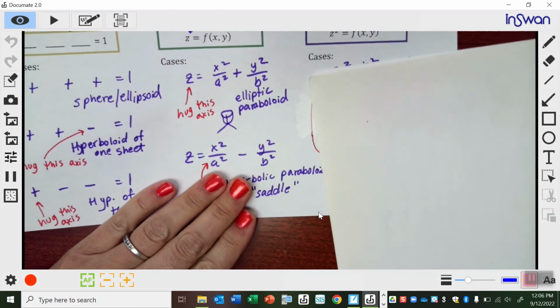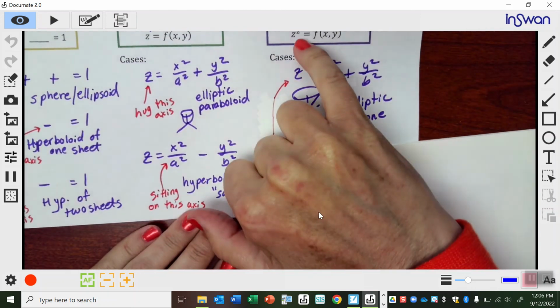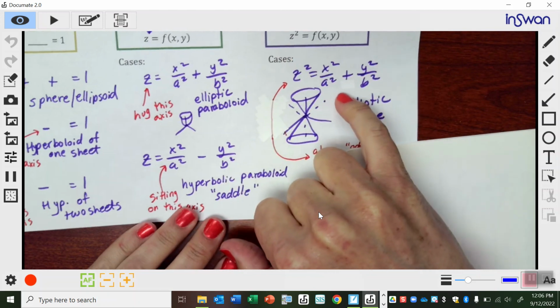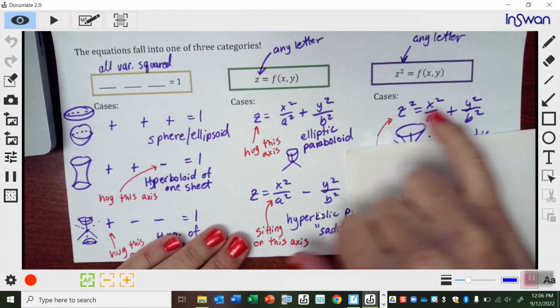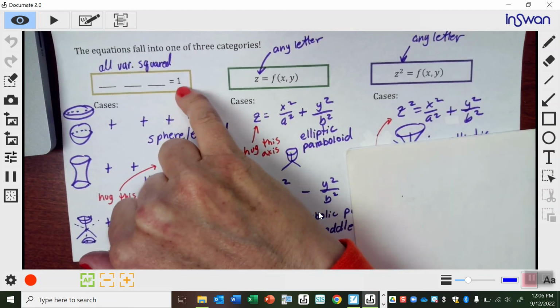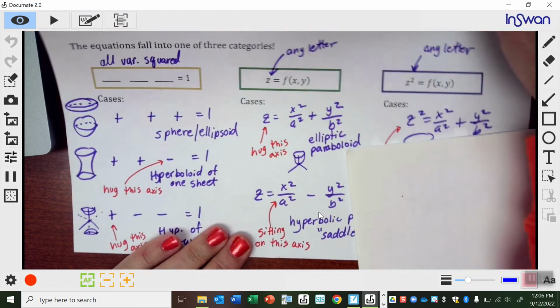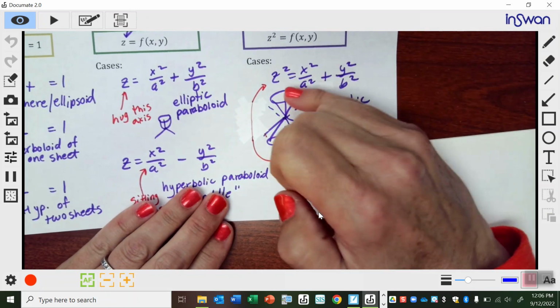And our last scenario here is if you have something squared, but it equals the other two. Now notice here there is no constant. So this is similar to this guy over here, but there was a number in there. It doesn't always have to be 1. But this guy here, there's no number. There's only variables.